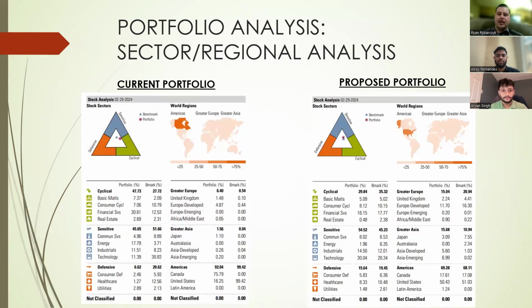We've also significantly increased our exposure to the world's largest economy, the United States, by increasing that weighting from 16.25% to 50.43%. In addition, we've significantly increased our exposure to Europe and Asia. Overall, this is a more diversified portfolio, giving you a stronger exposure to all sectors of the economy.